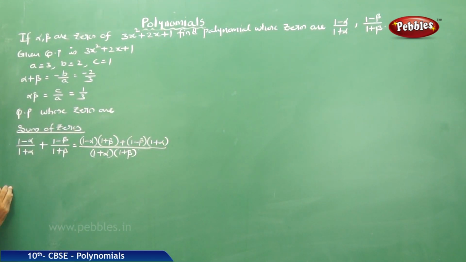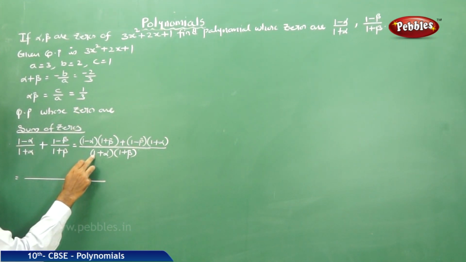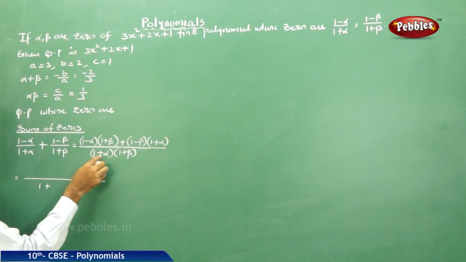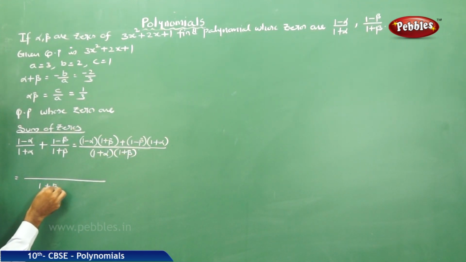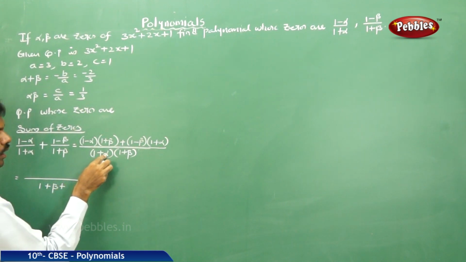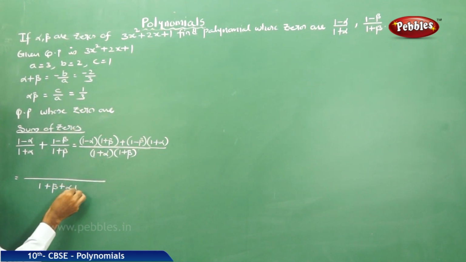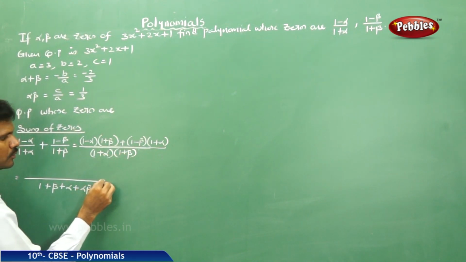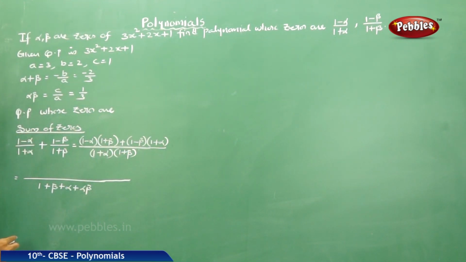Now simplify this value. The denominator is 1 ones are 1, plus 1 into beta, beta, plus alpha into 1, alpha, plus alpha into beta, alpha beta. The denominator has simplified.